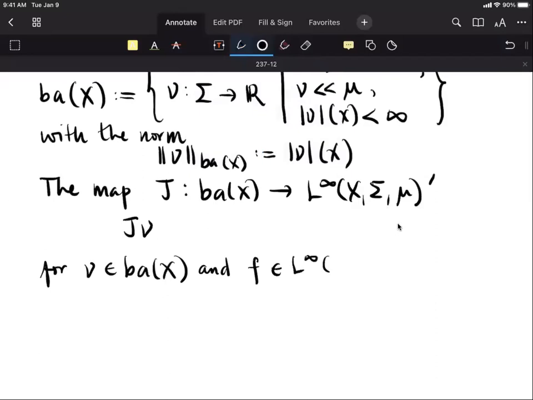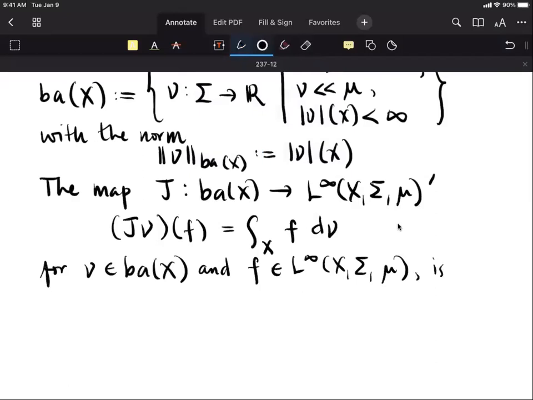So f is essentially bounded. Then we take the action of J nu at f. So we integrate f with respect to the measure nu. So this map is an isometric isomorphism.